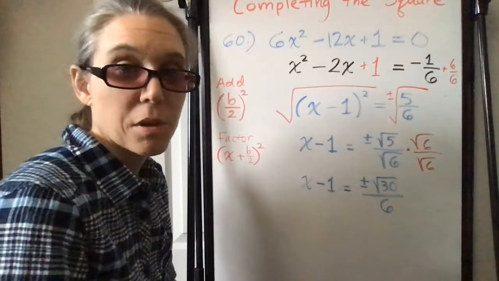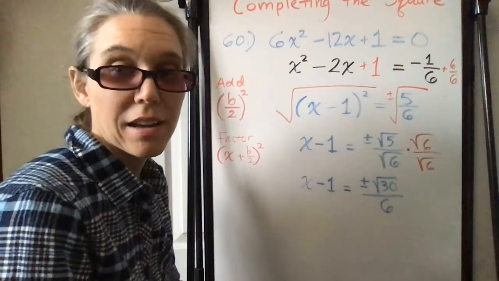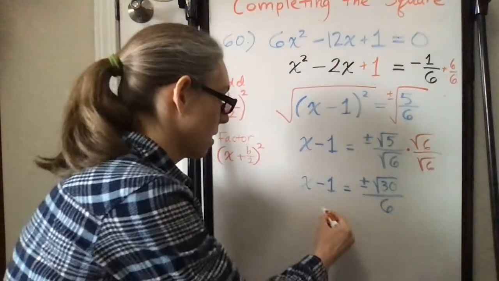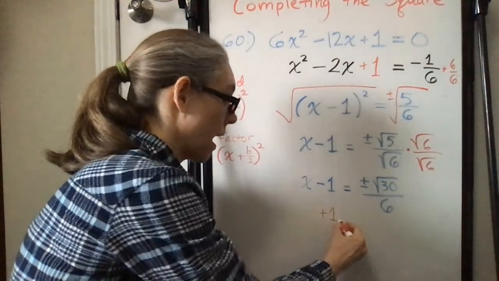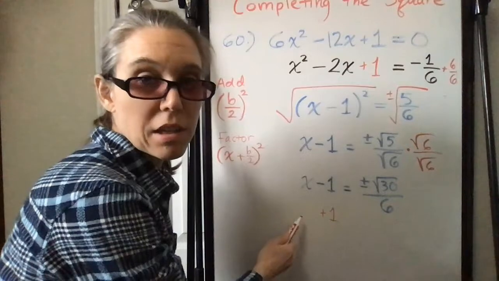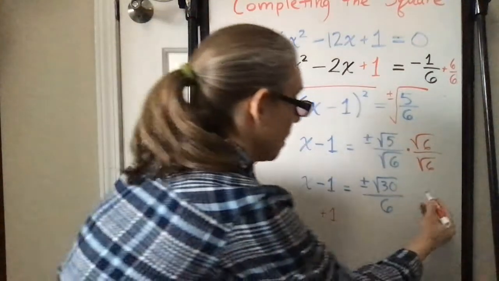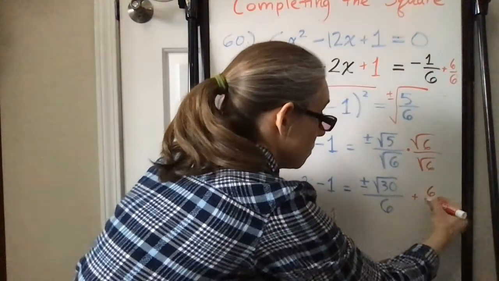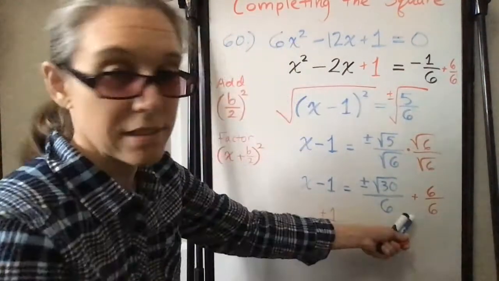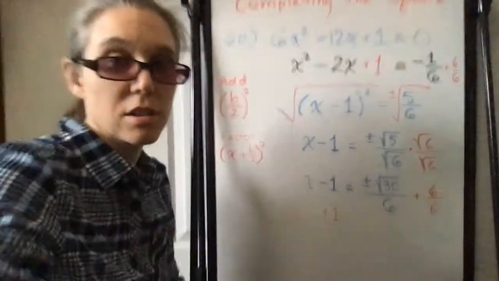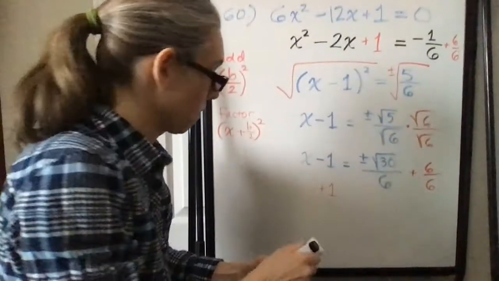And then for the last part of this problem, I need to add 1 to both sides. Adding 1 on the left can be like this. Adding 1 on the right can be adding 6 over 6. Your final answer will look like this.